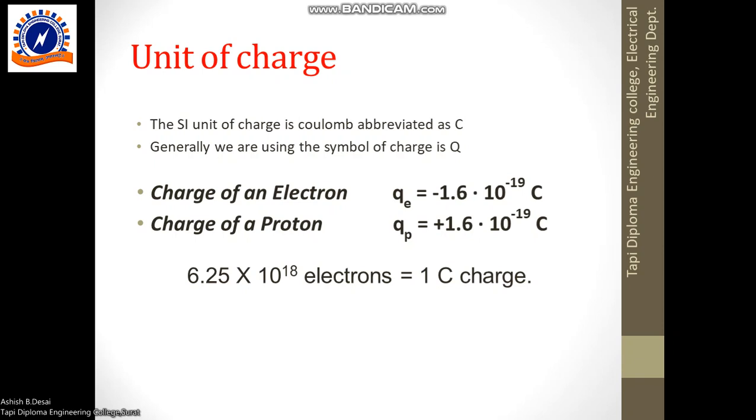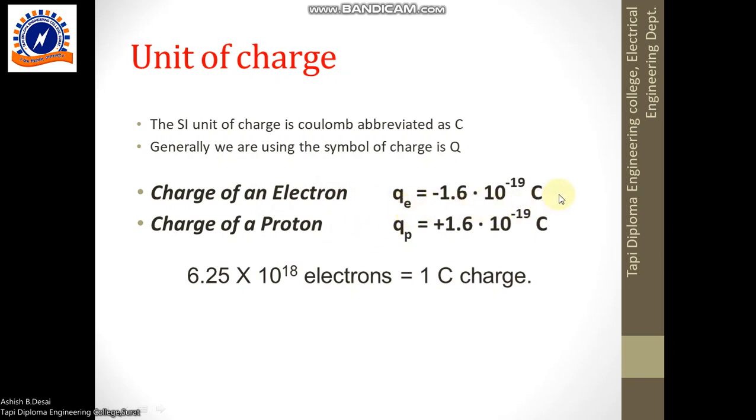When there are 6.25 into 10 raised to 18 electrons, the charge of this group is known as 1 coulomb charge. On the basis of this, we can find the charge on one electron and the charge on one proton.